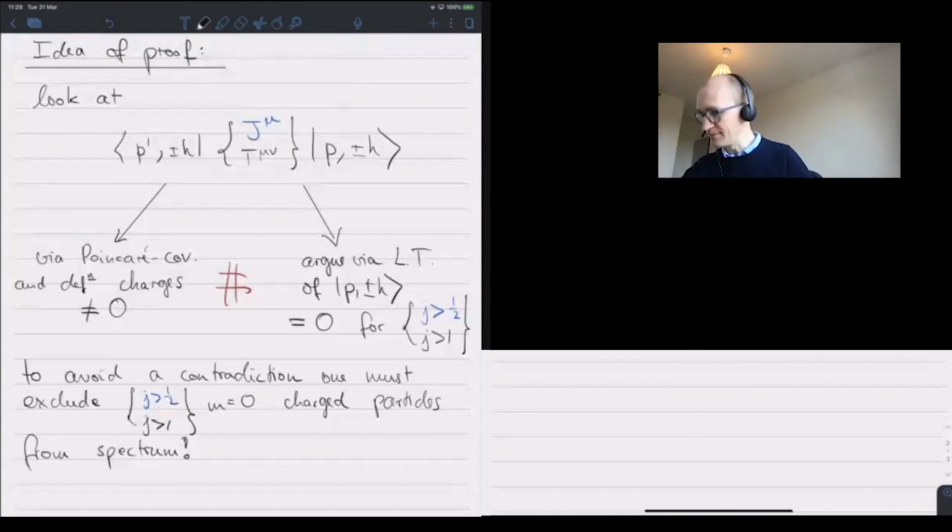So that's a general idea. I'm going to start on the left-hand side and give you the argument that these should be non-zero. And then I'm going to contradict myself by looking at the right-hand side. And of course, the conclusion will be the one which we've already mentioned.